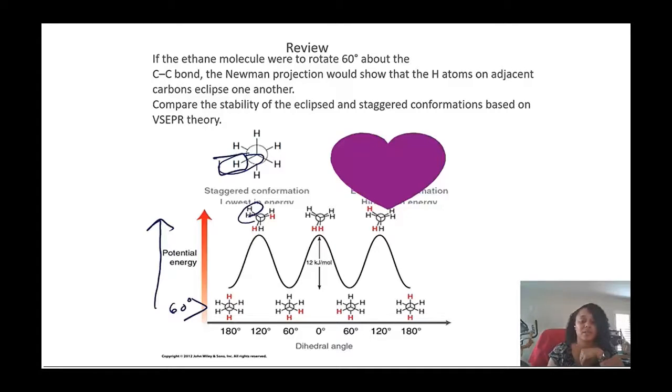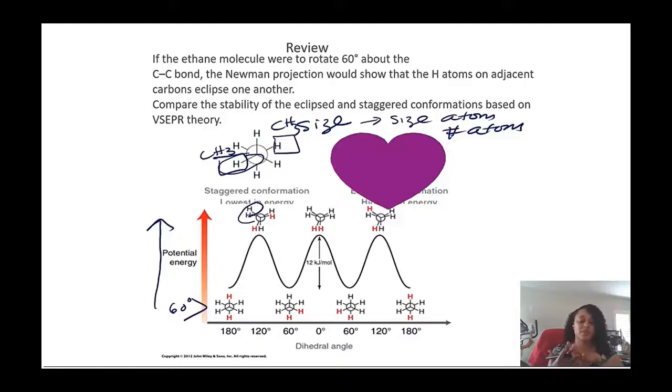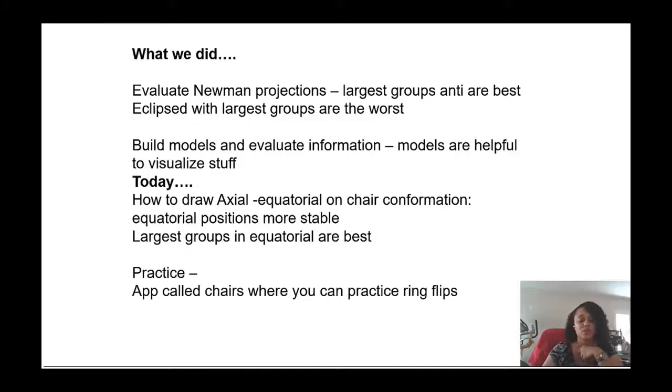Now, if we were to replace the hydrogens with other groups, the size of the group will matter. In terms of size, meaning the size of the atom, or the number of atoms present. So if we're talking about methyls, for instance, those are pretty large in comparison to hydrogens. You want those things to be further away. So the anti position is going to be more stable in the staggered form because there is less repulsion of those groups in those positions.